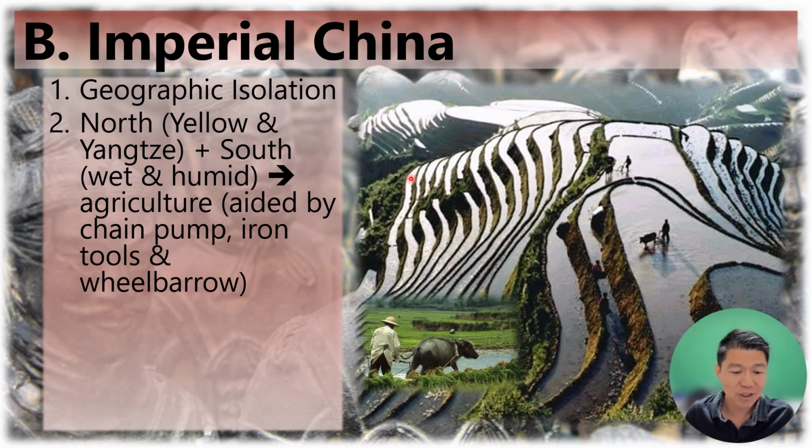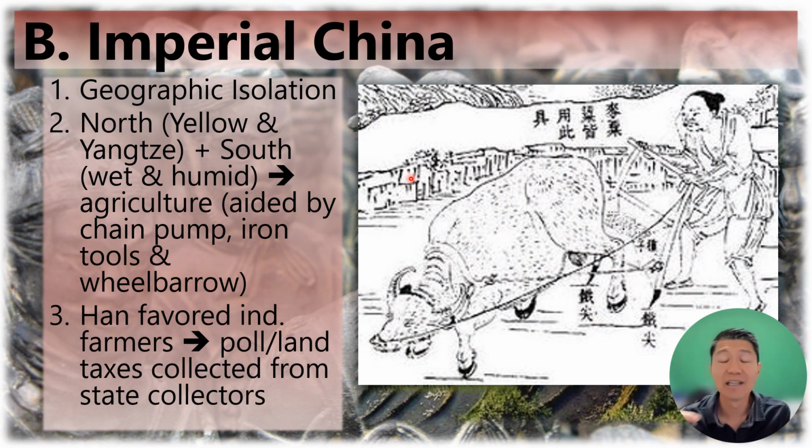Right? And what that generates, like we see in the Roman Empire, a powerful tax base. Right? And the Han Dynasty particularly favored independent farmers. So instead of these big aristocratic land holdings where farmers are tenants and where a lot of it is extracted and given to the lords and the nobles, instead there's independent farmers that are going to work harder on their own lands, but then also you get to directly tax them without any middlemen as well.